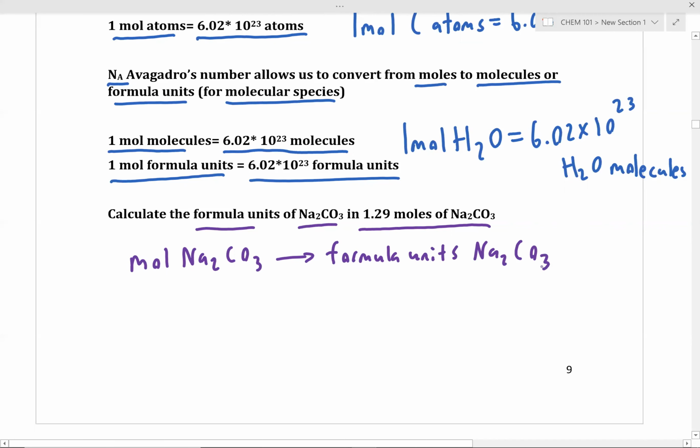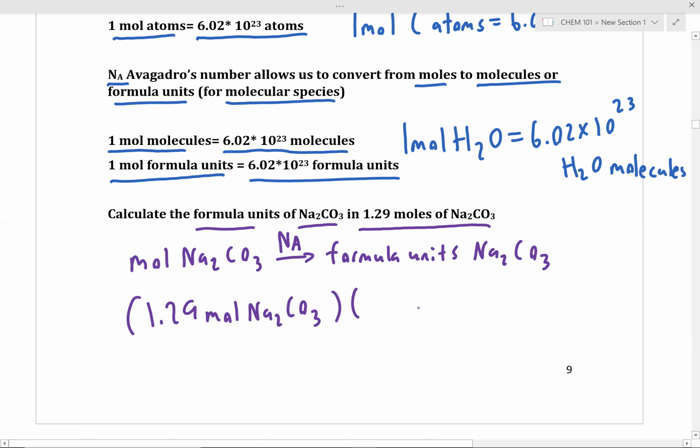Okay, now to go from moles to formula units, we use what conversion factor? Yeah, Avogadro's number, exactly. So then, if we have 1.29 moles of sodium carbonate, how many formula units?